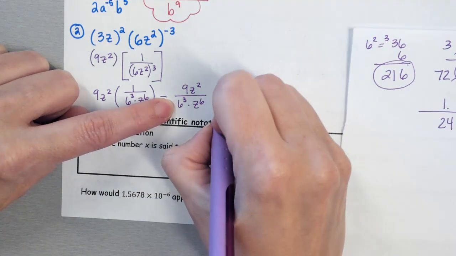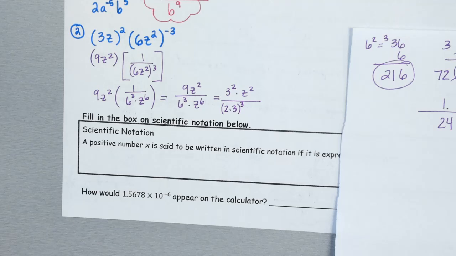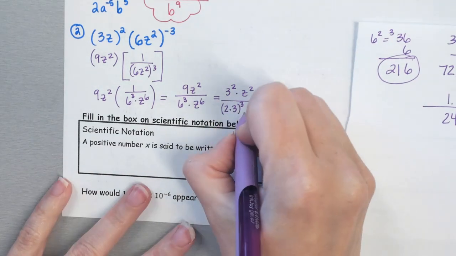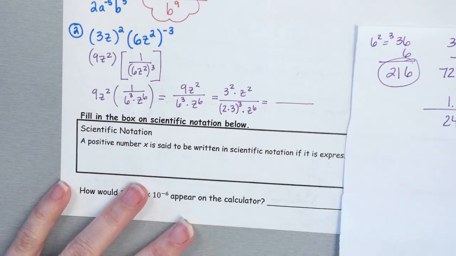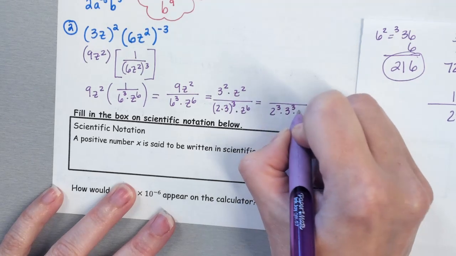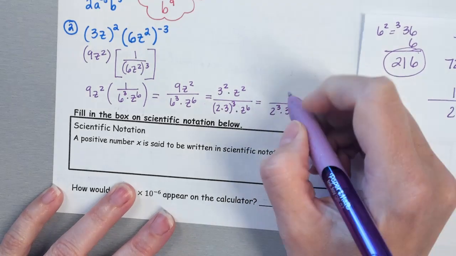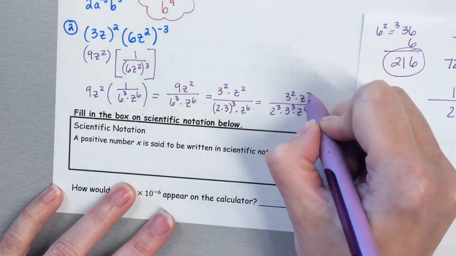Okay, so if I wrote this as 2 times 3 to the third, and again, I want to show you how to do this using your exponents. So if you did that, this would be 2 to the third times 3 to the third according to our powers. And I'm just going to line these up so I can simplify.